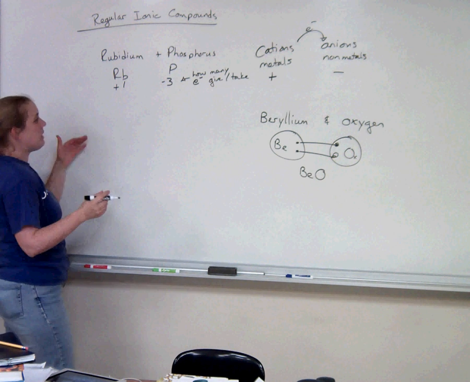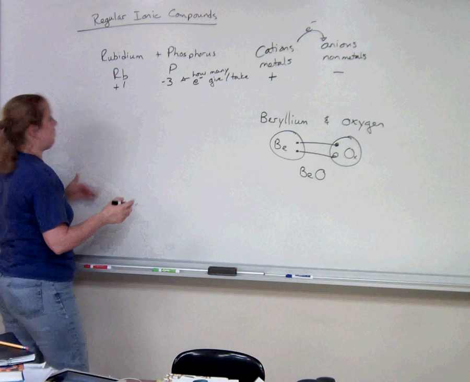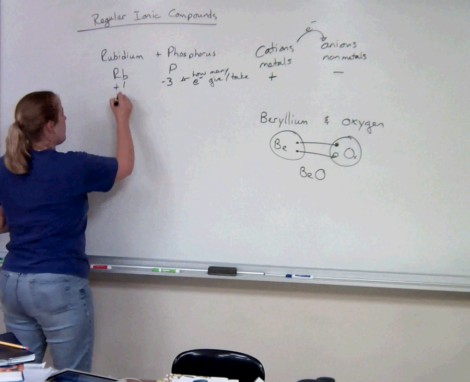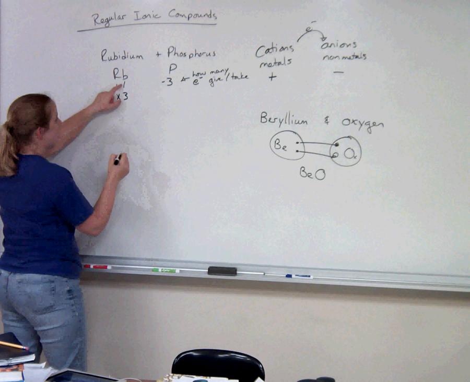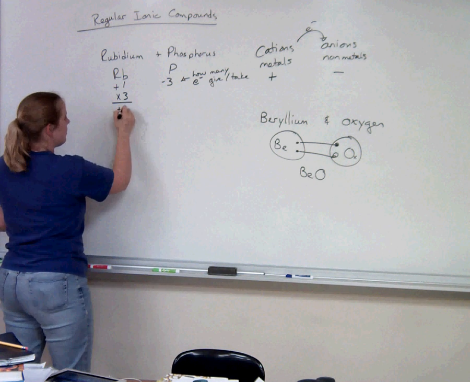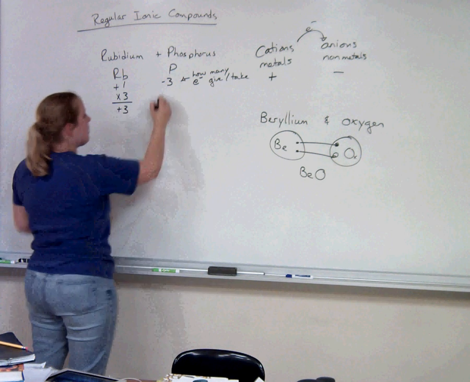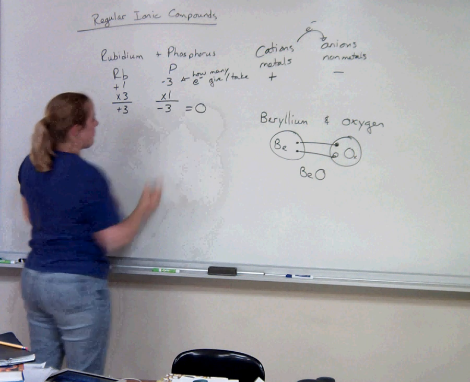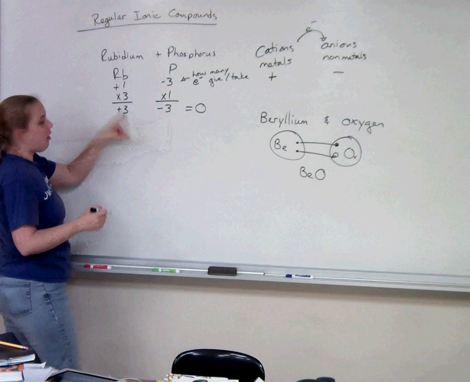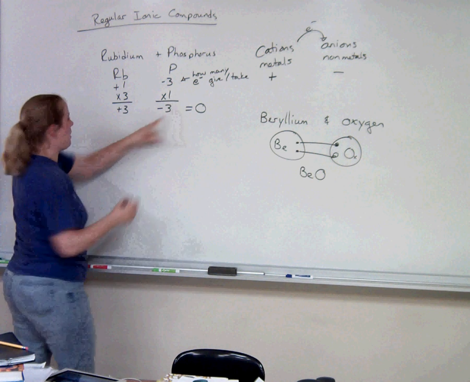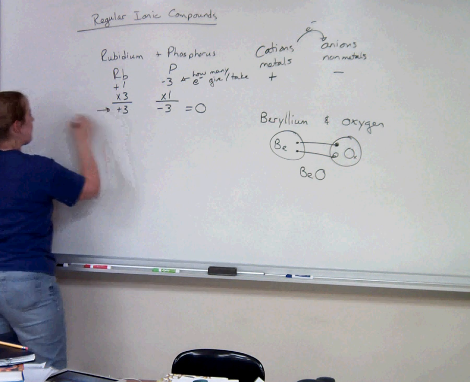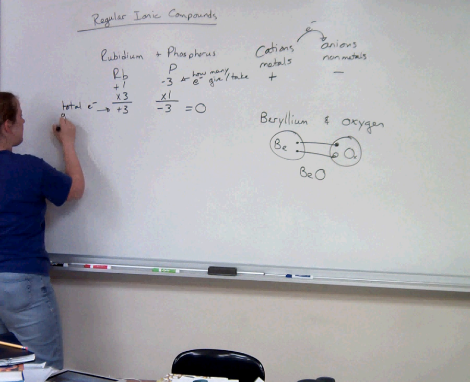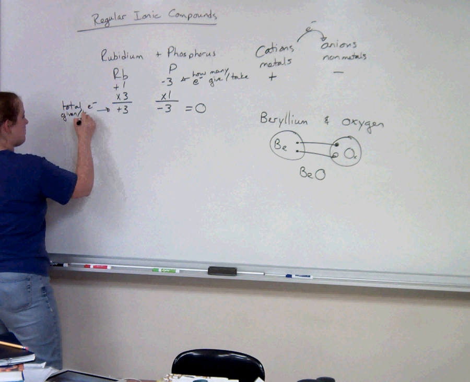We need to get the lowest common multiple for these numbers, and the lowest common multiple here would be 3. In order to get to 3, we have to multiply this by 3, which gives us positive 3. In order to get to 3 here, we're going to multiply this by 1, and that'll give us negative 3, which totals 0. This tells me that all the electrons given are taken. So this row indicates total electrons given and taken.